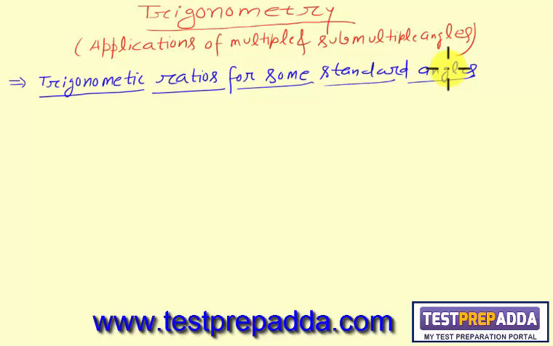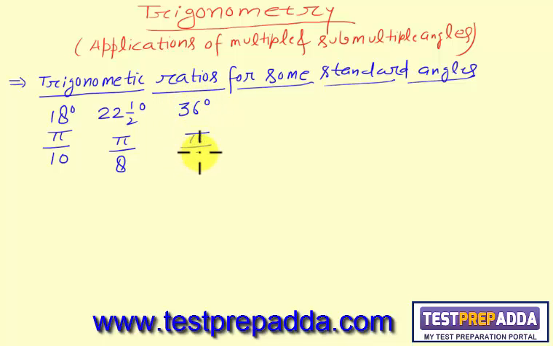I'll take the help of concepts involved in multiple and submultiple angles for finding the trigonometric ratios for angles like 18 degree, which I can write as pi by 10, 22 and half degree, which I can write as pi by 8, then 36 degree, which I can write as pi by 5, or even 2 pi by 10 if you want to relate with this.